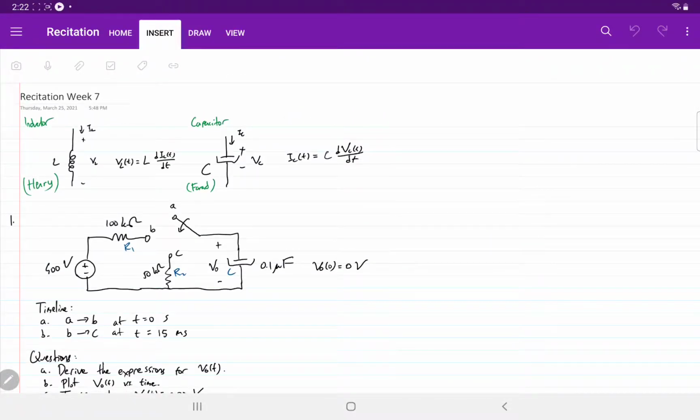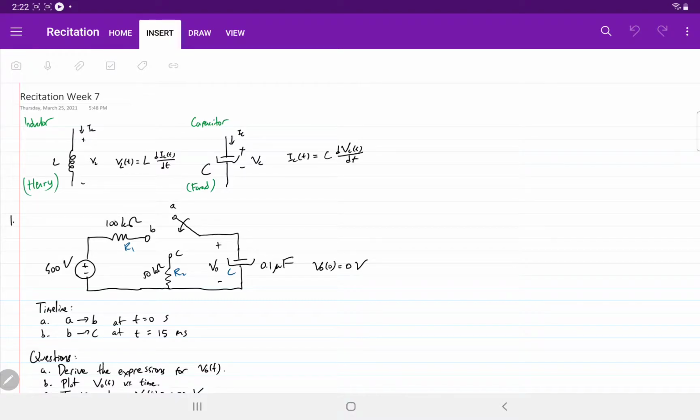So last time we did some problems involving inductor and capacitor, and the voltage across the inductor is equal to L, which is inductance in Henry, multiplied by the rate of change of the current.